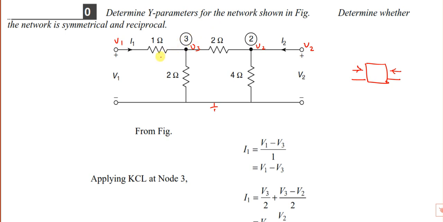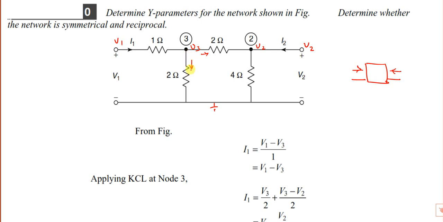If I apply KCL at node 3, you can write all the currents going towards the node, or all the currents going away from the node. But in the two port network, we are assuming I1 going towards, I2 is also going towards the node.